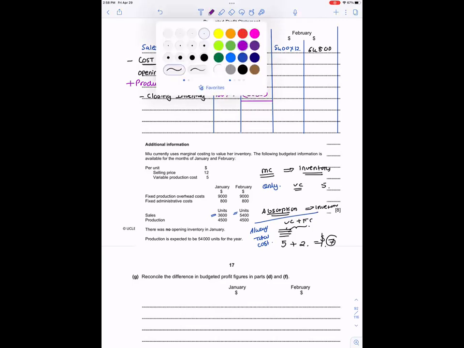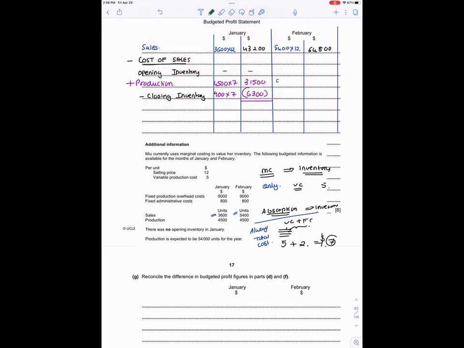What is opening inventory for February? What is production for February?